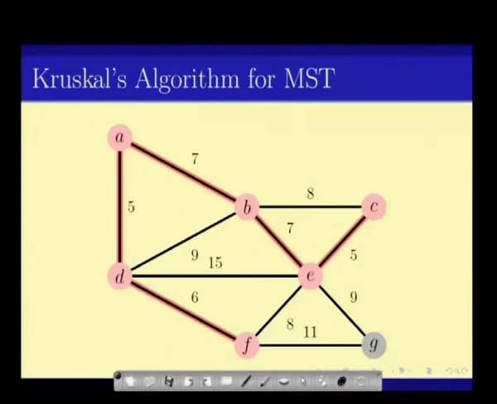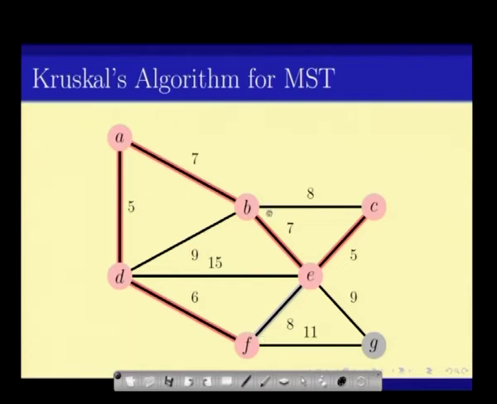The next one says EF, EF is 8, but EF is something we cannot choose because both of them are of the same color. It clearly shows that if EF is chosen, since it is in the same color, I already have a path from F to E, and then I will get a cycle, which is something I do not want.